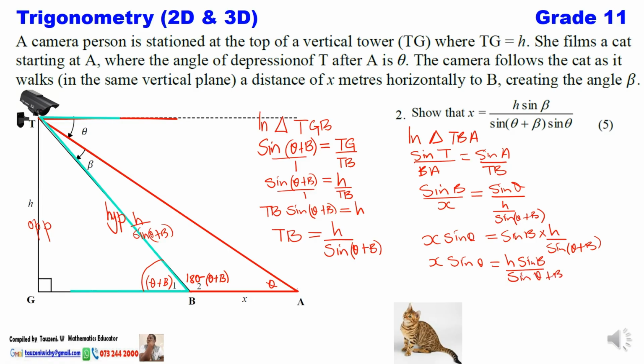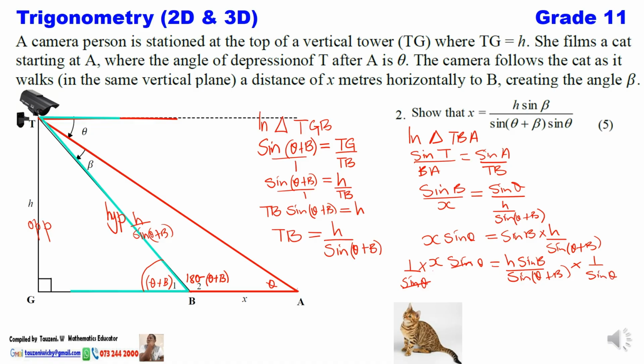Then to complete our answer, we divide both sides by sine theta. So dividing both sides by sine theta is the same as multiplying both sides by 1 over sine theta. So this will allow us to get rid of sine theta here. We come to this side, we also multiply by 1 over sine theta.